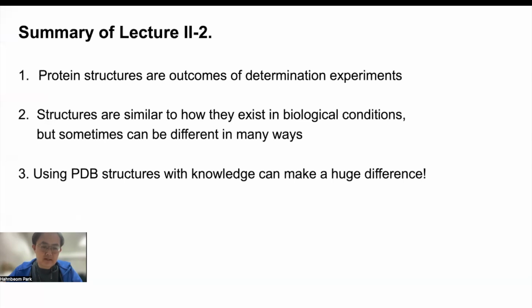So that's why there could be some discrepancy between how the proteins behave in biology and how they are deposited in the PDB. So when you use a PDB file, you have to be careful and need to understand what kind of modification could have happened in the PDB file at the experimental determination stage. And that'll help you to better use PDB structures for many purposes.